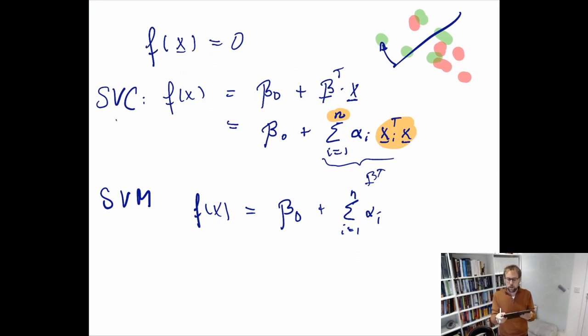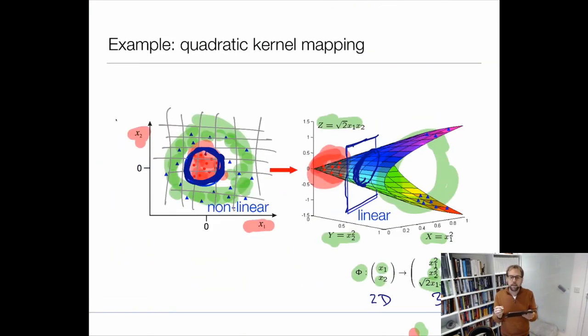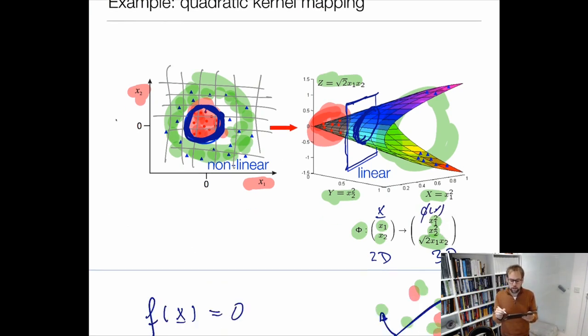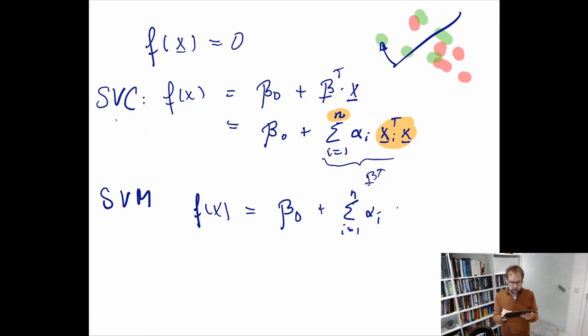If you go back to the previous slide, we had this original vector x, and we're replacing x by this transformation phi of x, which is the second expression here. So what I'm doing is taking phi of xi transpose phi of x.